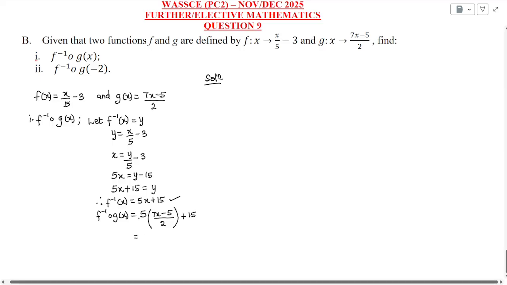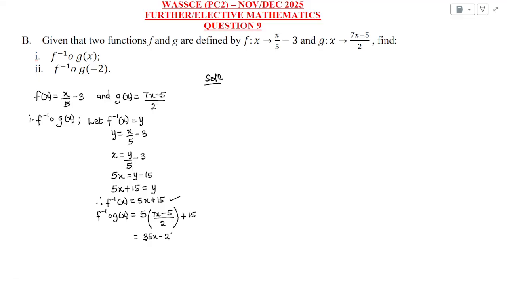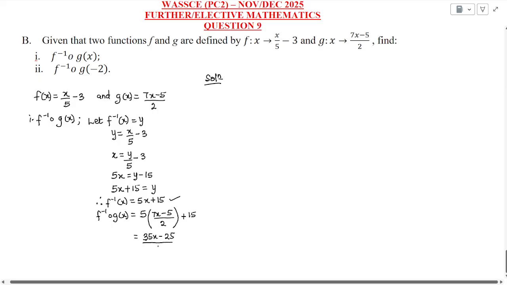So I can do this by first expanding the bracket here. Expanding the bracket gives me 35x minus 25, all divided by 2, and then plus 15. So to simplify this, I'm going to find the LCM, which gives me 2. So this gives me 35x minus 25, then plus 15 over 1, so 1 into the LCM or denominator 2 times.